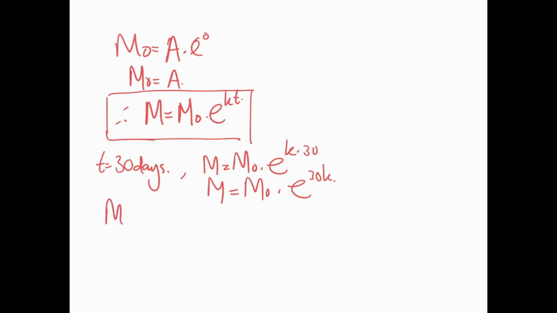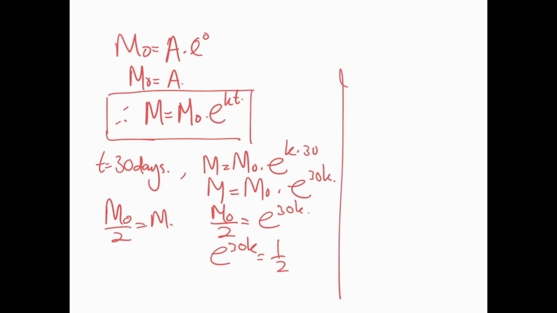Then m0 over 2 equals m, so when we sub that, m0 over 2 equals m0 e to the power of 30k. So e to the power of 30k equals half.